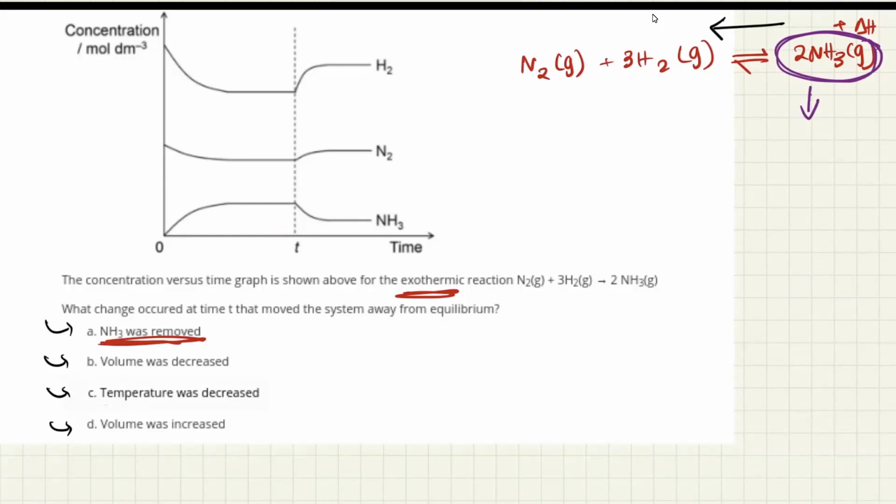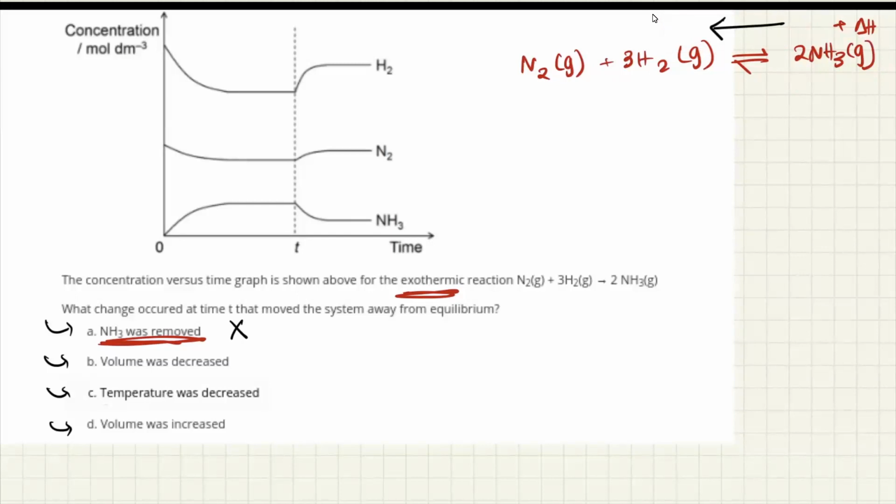It always does the opposite. If you decrease, it wants to increase, and if you increase, it wants to decrease. Because you are decreasing it, the reaction wants to increase it by moving to the right. But we want the reaction to move to the left, so that's not it. So A is wrong.